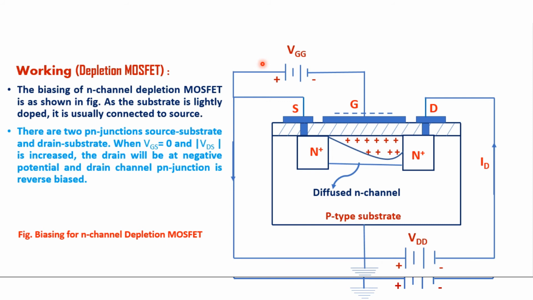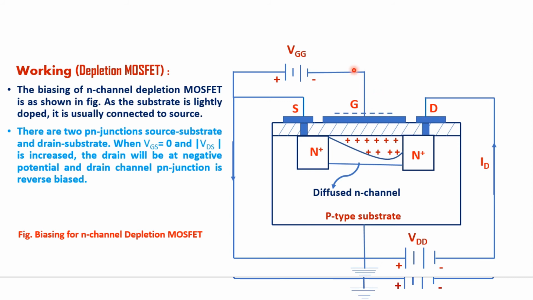And the third case, when gate to source voltage is positive. So the gate is allowed to be made positive. Under this condition, negative charge is induced in the channel.